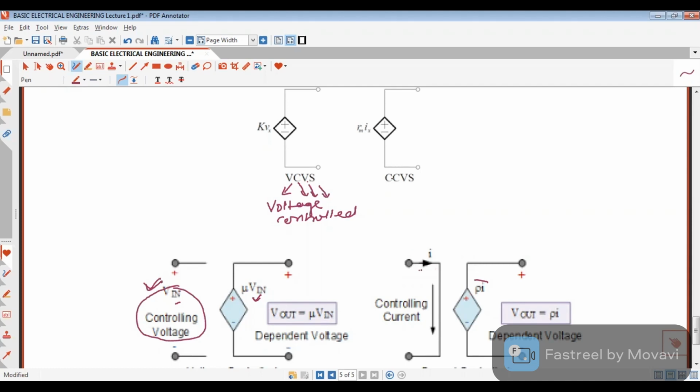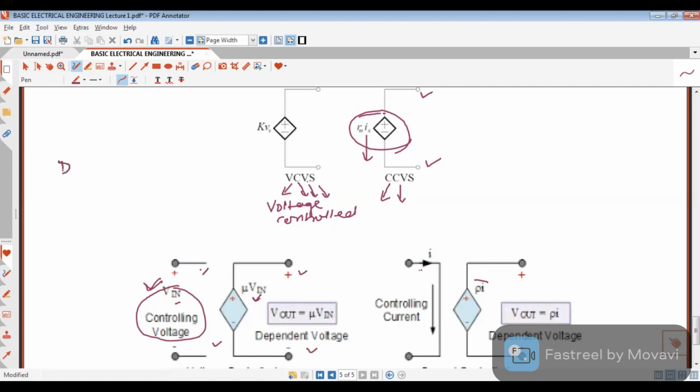Current controlled voltage source means this is a voltage source and it is controlled by this current Ix. This Ix is somewhere in the circuit. It has two terminals here and two terminals here.